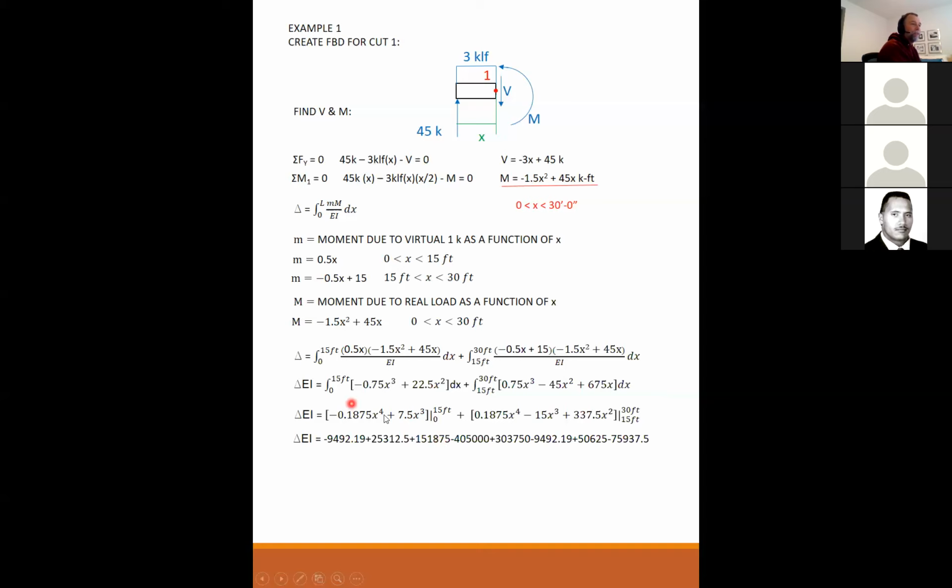I got 8 terms. And then I condensed it mathematically down to one expression. The units on this are feet to the third.